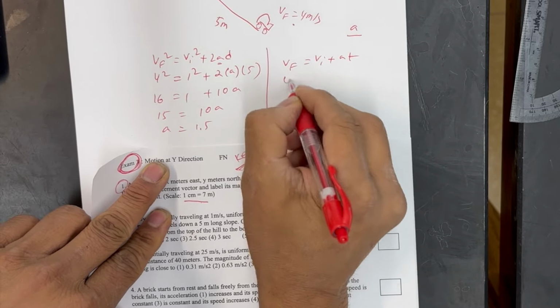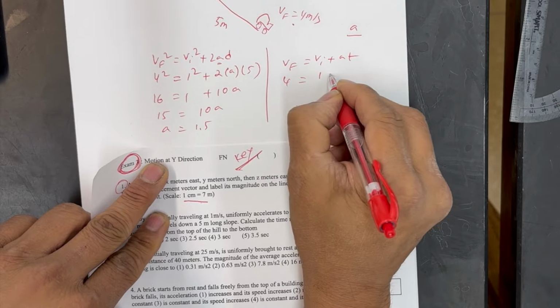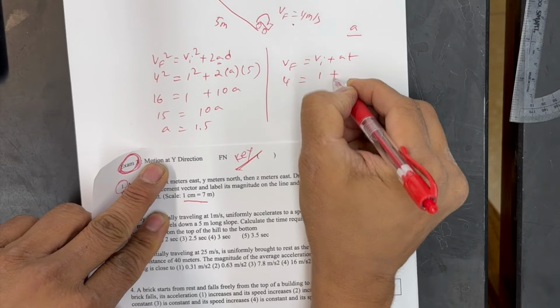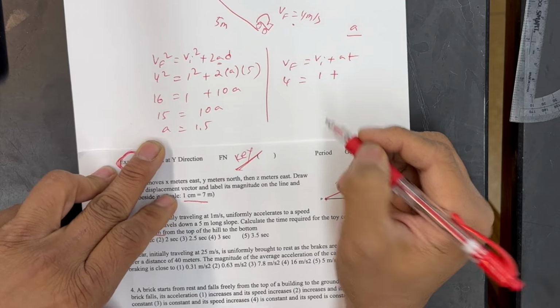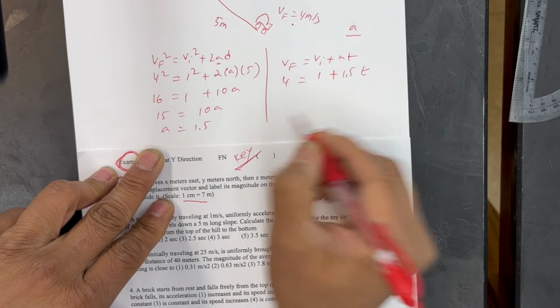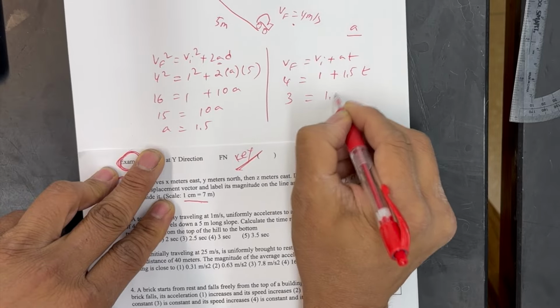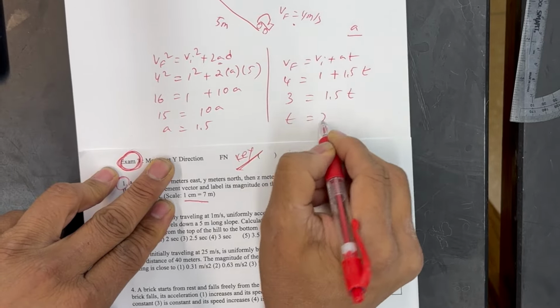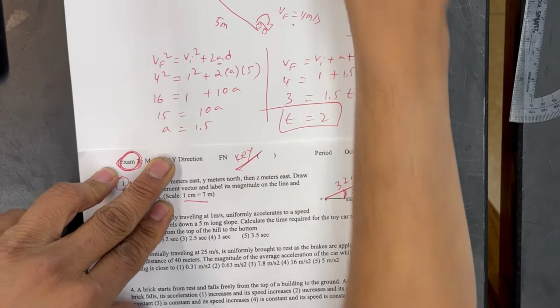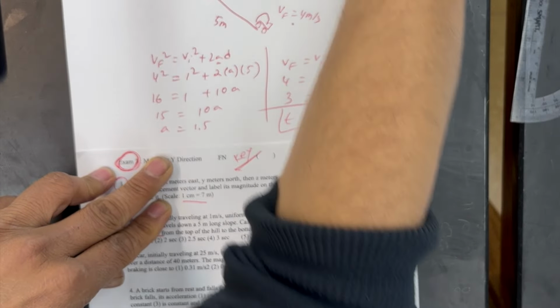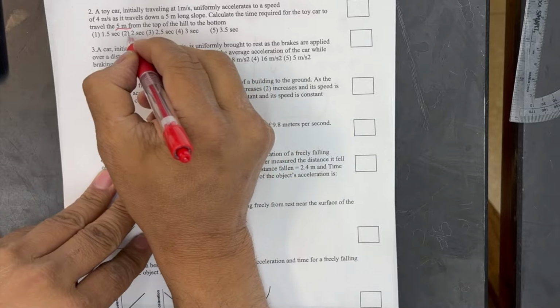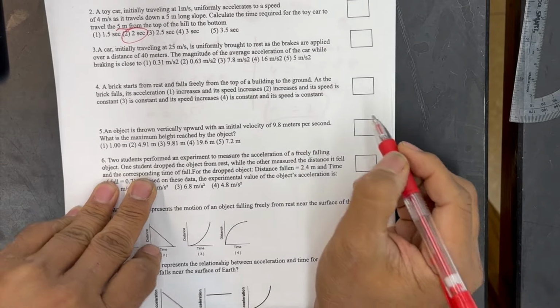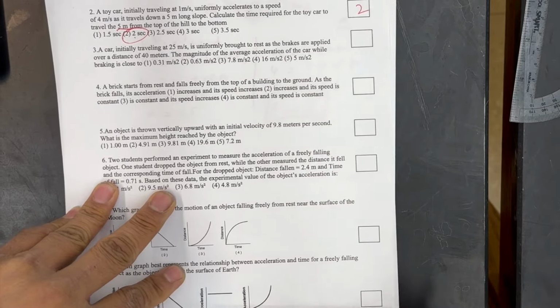Vf is 4, Vi is 1 plus a, which is 1.5, and t. So 3 is equal to 1.5t, so t is equal to 2. So the time it takes is 2 seconds. So the answer is 2. So you're going to write 2.